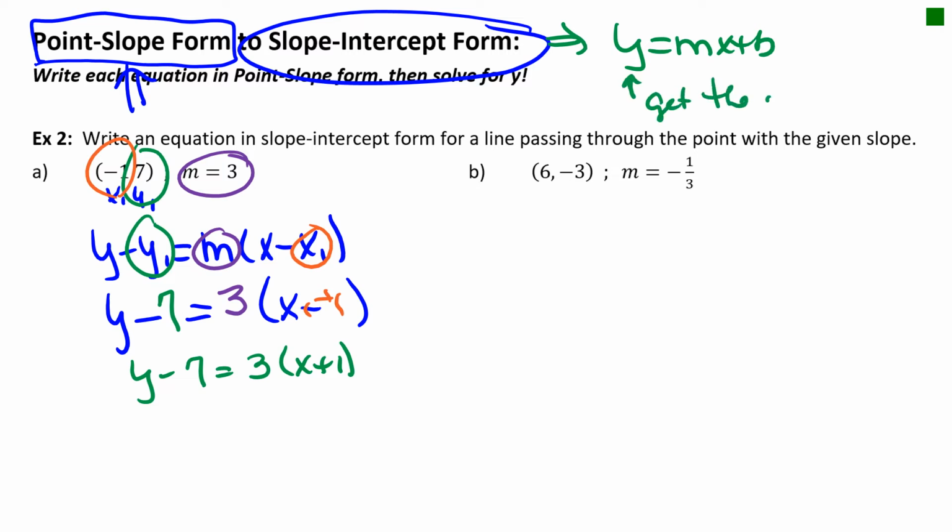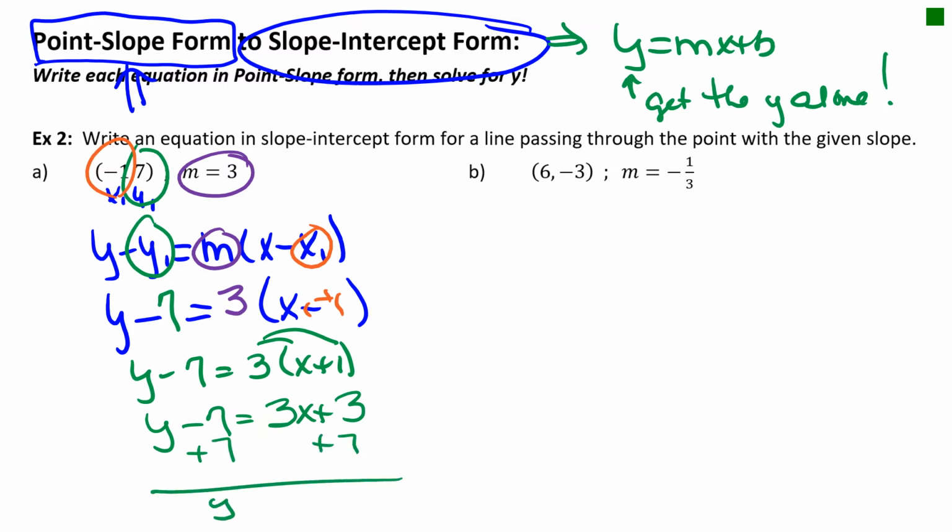Get the y alone. So the first thing I'm going to do is distribute on the right-hand side. y minus 7 equals 3x plus 3. To get the y alone, I'm going to add 7. So y equals 3x plus 10.